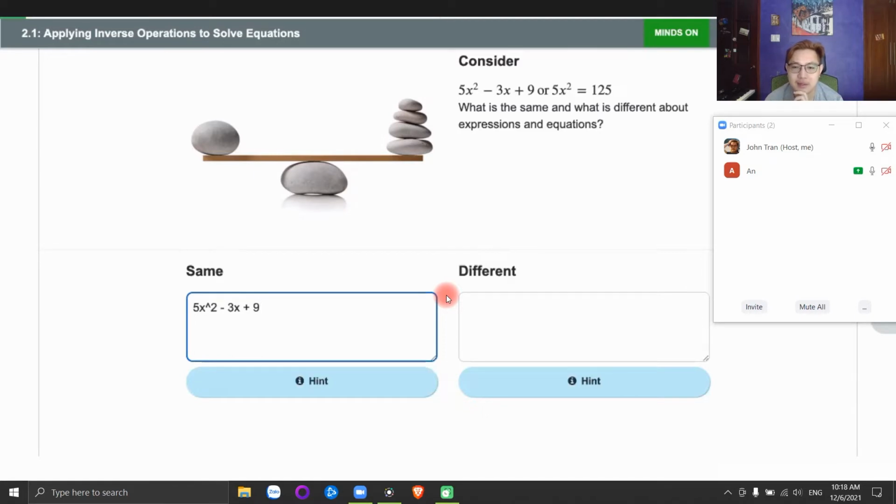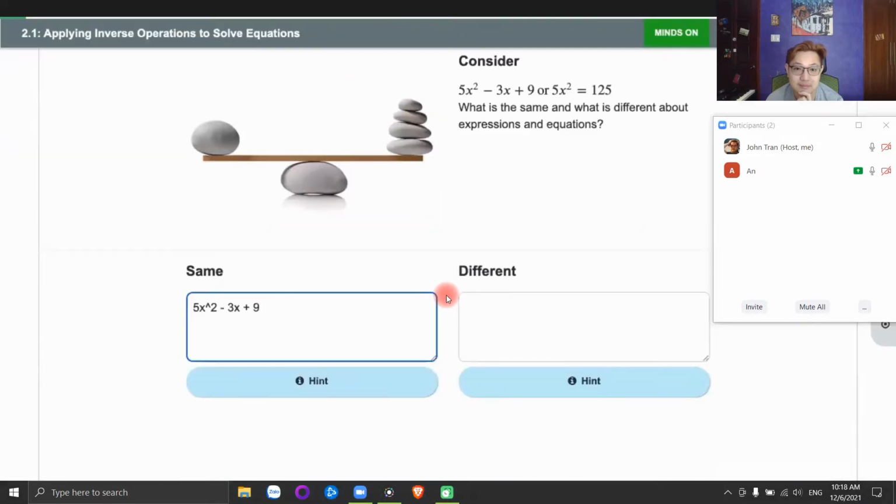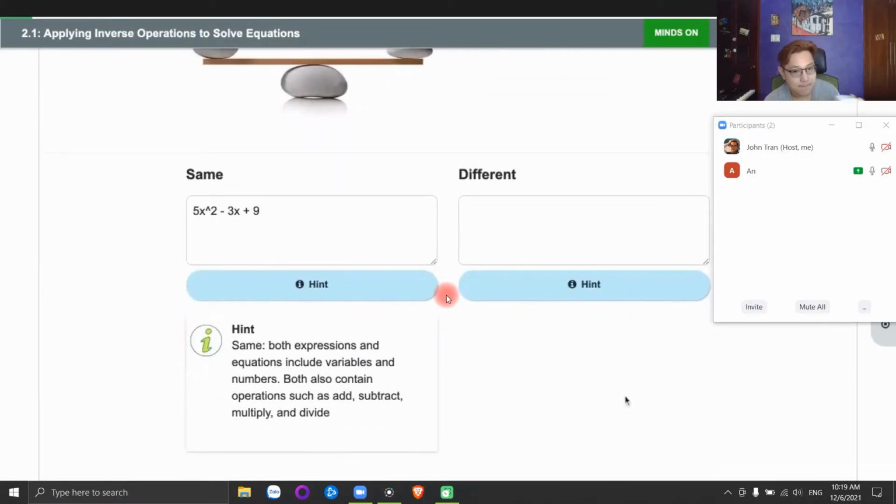What is the thing they have in common? Tough to tell, isn't it? Let's click on a hint. Of course, they have variables and numbers, so they have the x something, and a lot of numbers.